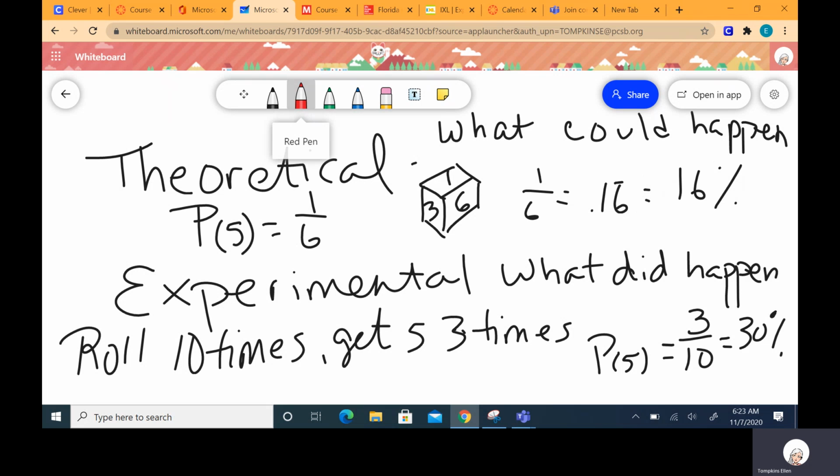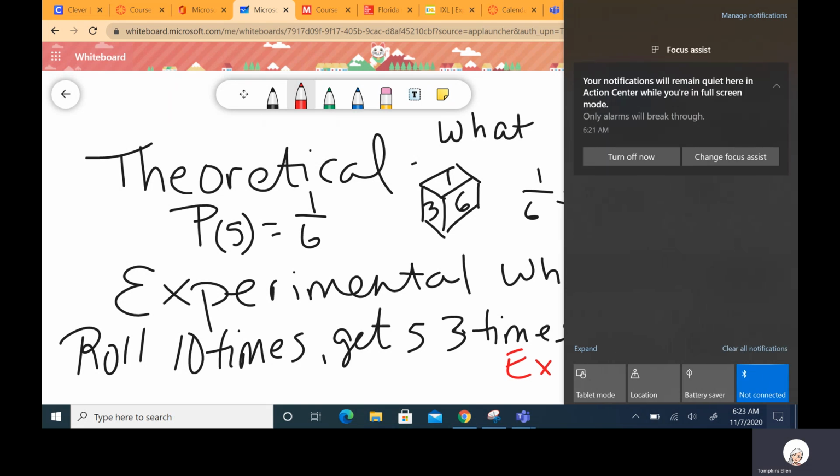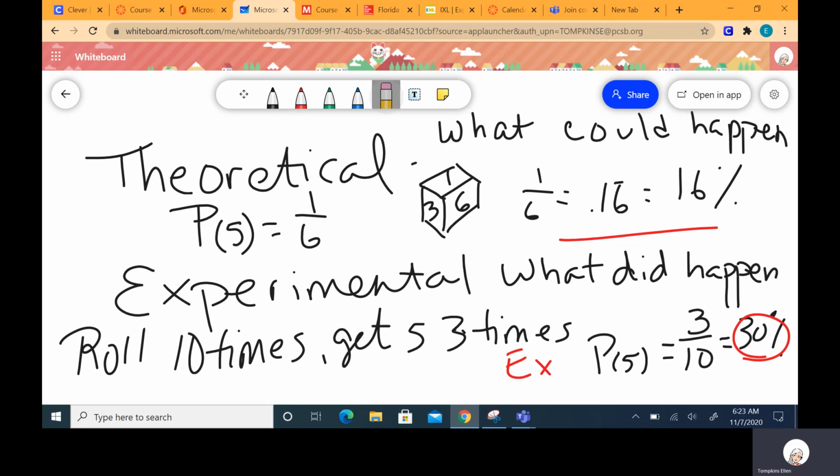Now, if we compare my experimental 30% with my theoretical, this one was the theoretical, of 16%, you could say that the theoretical percent, or the theoretical possibility, was less than the experimental. It's actually happened twice as often in my experimental, if you think about it.